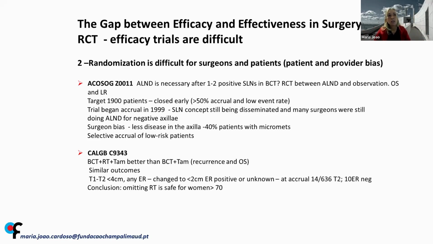So we started with 4 centimeters and any ER positive tumor, so the type of positivity was not important. And then we got down to 2 centimeters because it was evident that we were not going to obtain any result with this trial if we did not restrict the criteria. This is happening in adaptive trials now, but it was not a rule when the CALGB started many years ago.